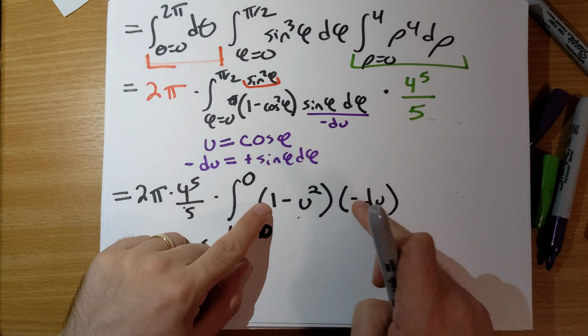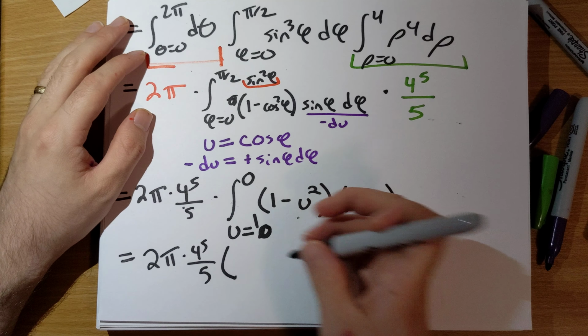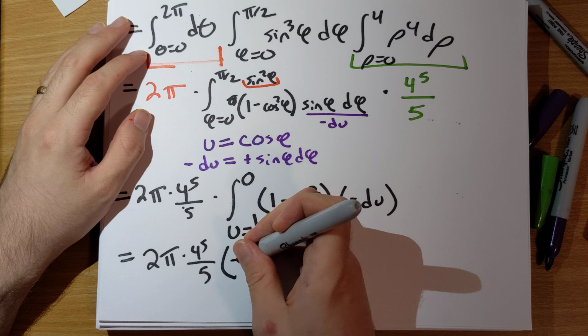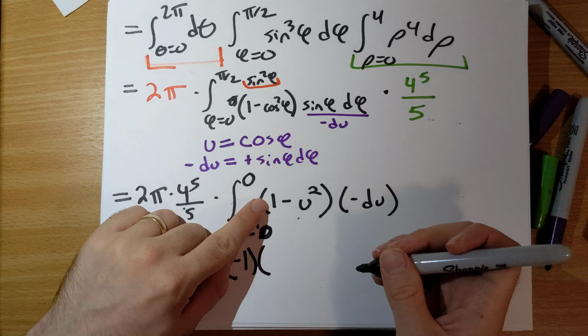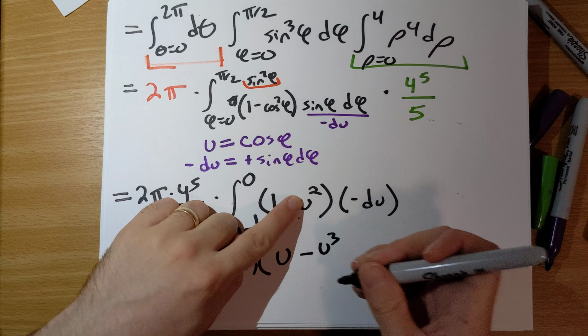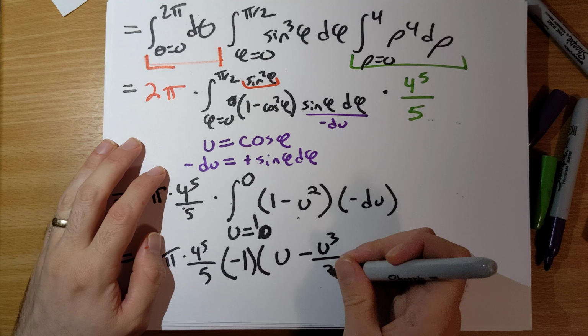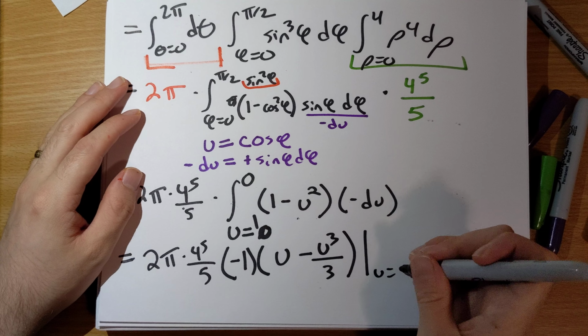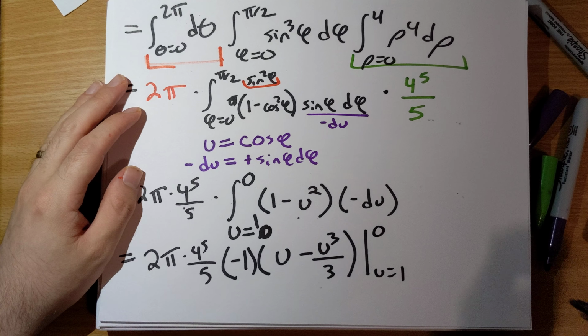Okay, so what happens here? We get, let's see here, there will be a minus sign there. The antiderivative of 1 will be u, and that will be u cubed over 3. And plug in u from 1 to 0.